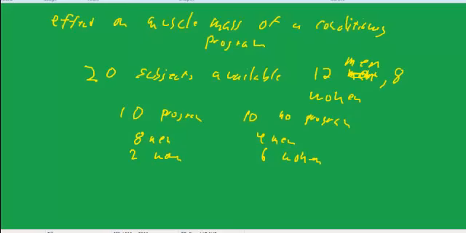So what you'd like to do is make sure that you put 6 of the men in the treatment group, leave 6 of the men in the control group, and then you split the women up that way.